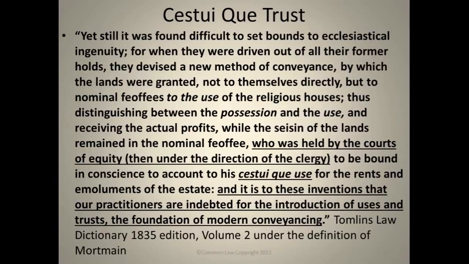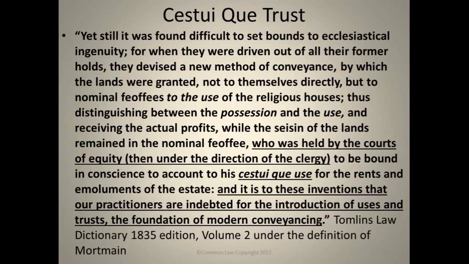and receiving the actual profits while the seisin of the lands remained in the nominal fief. Okay, seisin I'm thinking is possession, who was held by the courts of equity, then under the direction of the clergy, okay, this is in 1835, so the courts of equity were under the control of the clergy, that's true, to be bound in conscience to account to his cestui que use for the rents and emoluments of the estate, okay?